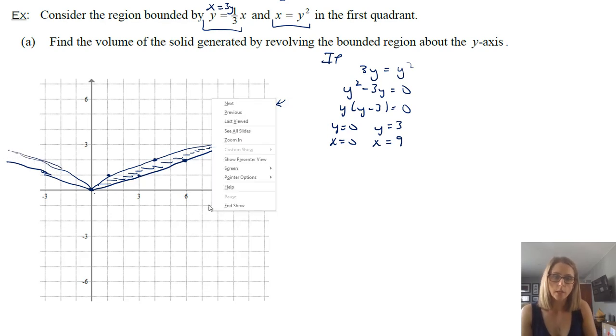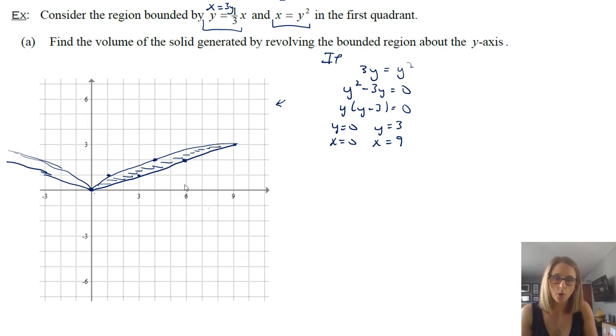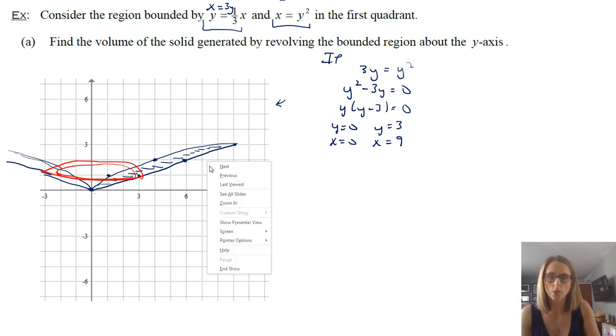And then on the other side, to show that this whole thing is being rotated, there's going to be some aspect of the washer situation that's happening here. We have a washer situation.